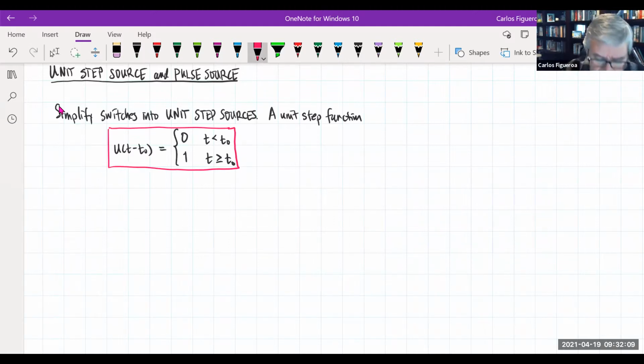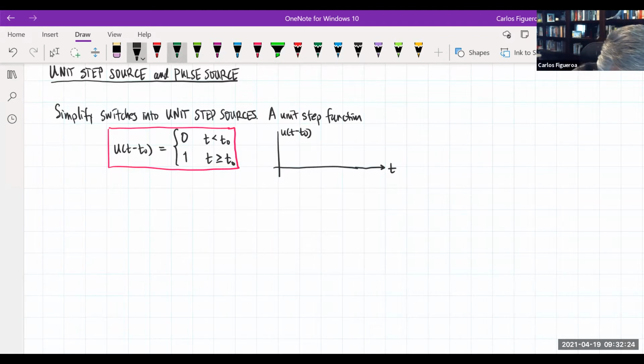And picture-wise, it's fairly obvious. If I plot my function, which is u of t minus t naught, with respect to t, you'll see that the source goes all the way along, and then right here it jumps up instantaneously and steps up.